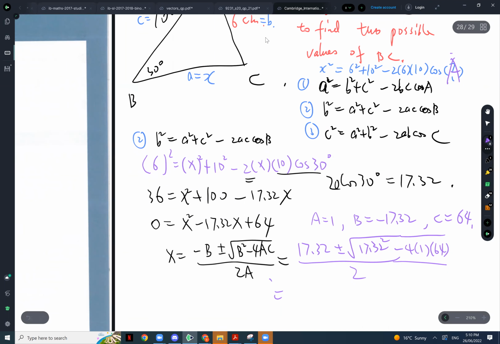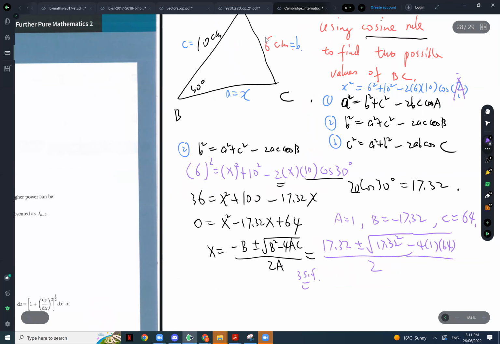If I need 3SF, what's your value? Negative 5.34? Oh no, yeah, it's positive. So it'll be 5.34 and 11.97 or 98. 3SF, what's the answer? That would be 12.0. Yes.